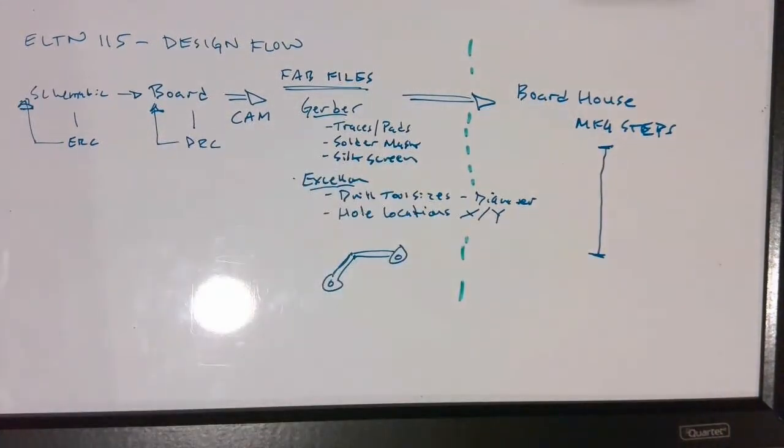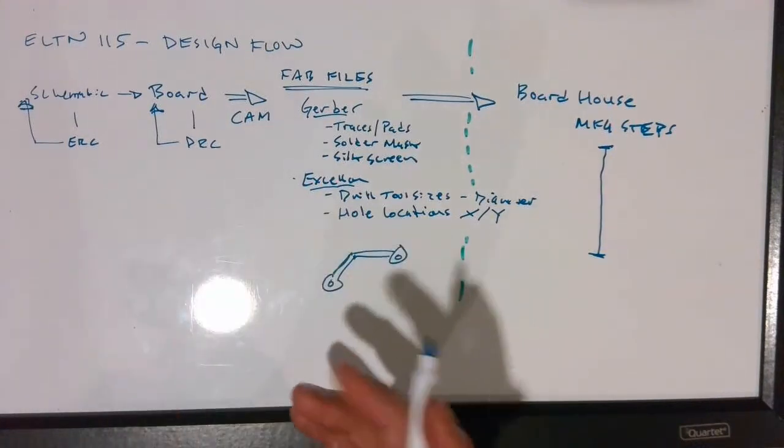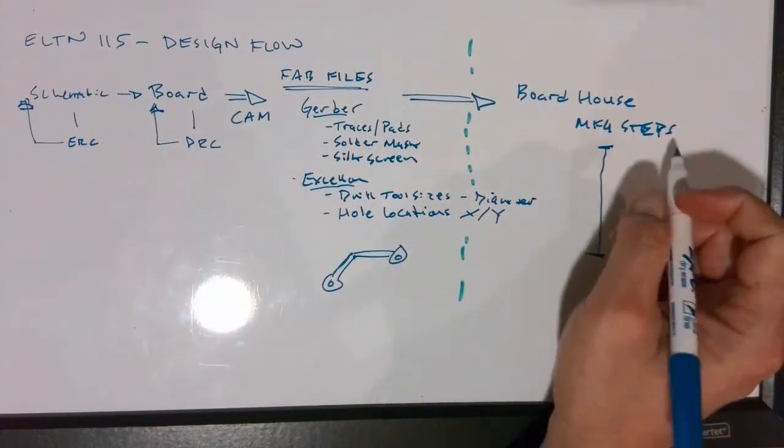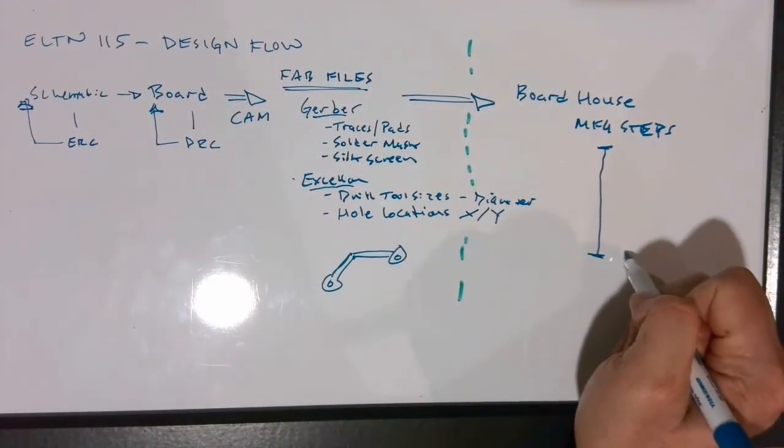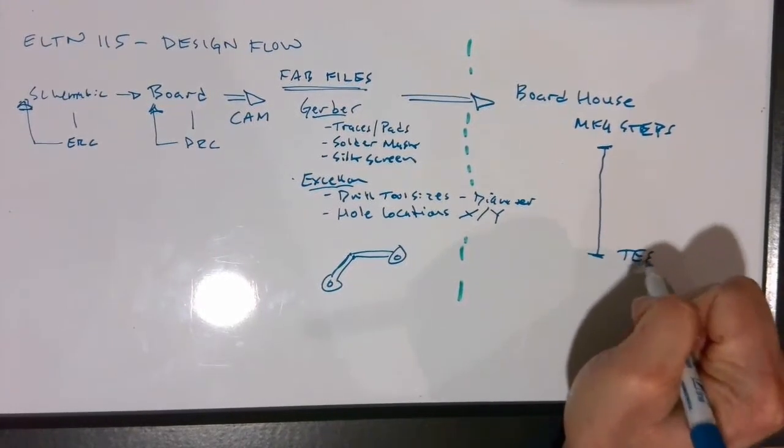There are a lot of steps to manufacturing a circuit board, something like 100 different individual steps. It's not the kind of thing you can do in your garage typically. It requires very specialized high-end equipment. Once the board is manufactured, they're doing all sorts of fabrication processes, but usually at the end there's some testing that's done.